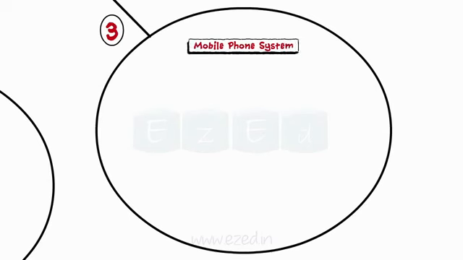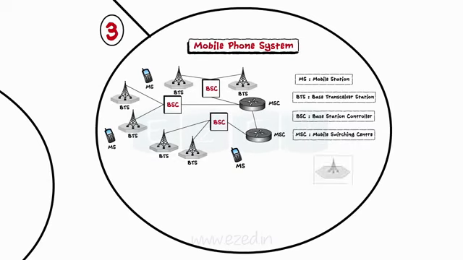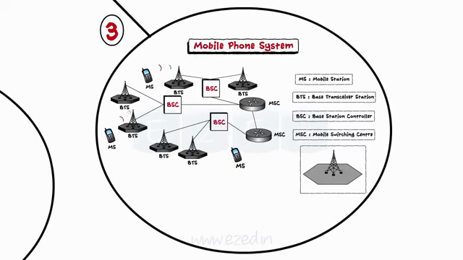Whenever a call is initiated, a signal follows the sequence: MS to BTS, BTS to BSC, BSC to MSC of area 1, from MSC1 to MSC of area 2, from MSC to BSC, from BSC to BTS, and from BTS to the receiving MS or user.